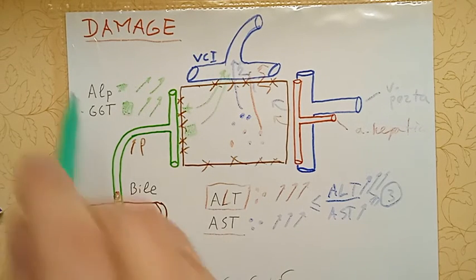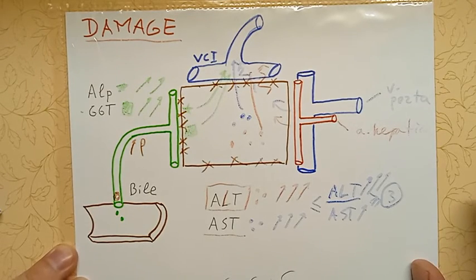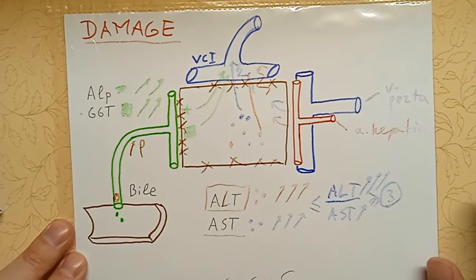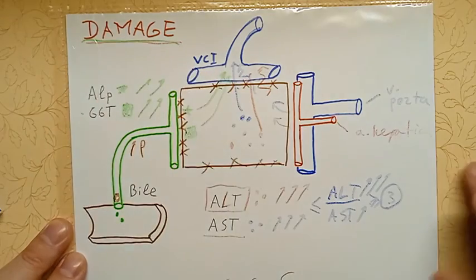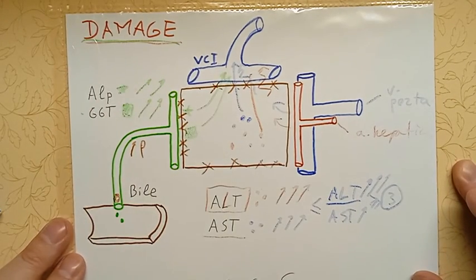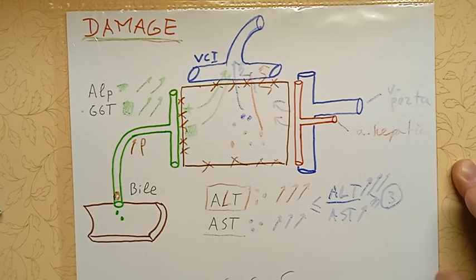But if both markers are increased, it means that the liver is damaged. It is the syndrome that is called the cellular damage syndrome. You may find it out by taking the blood test.